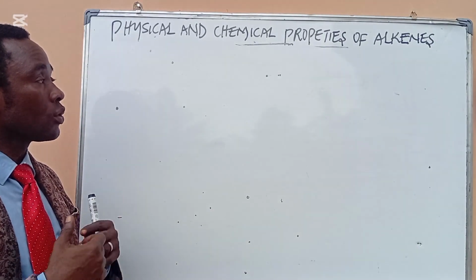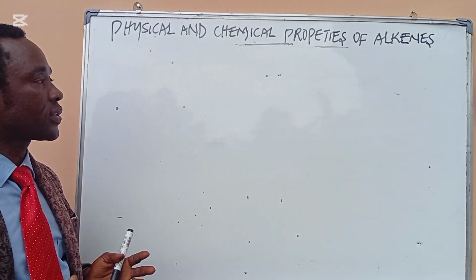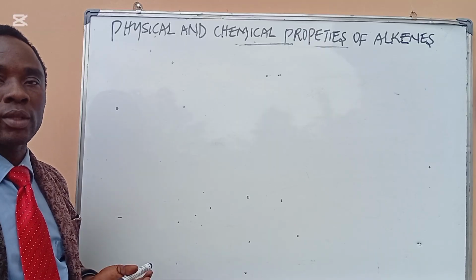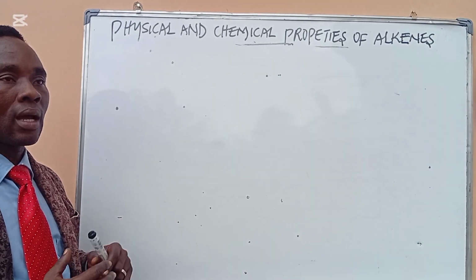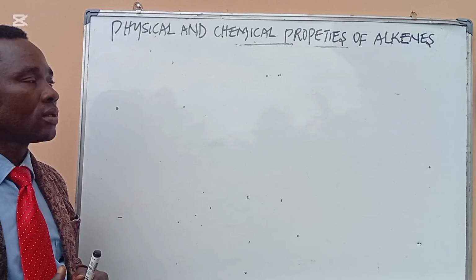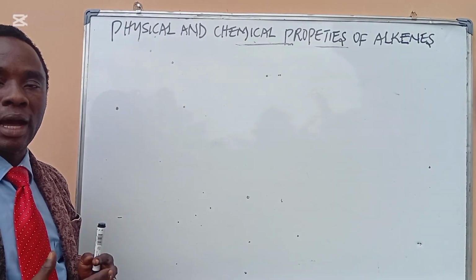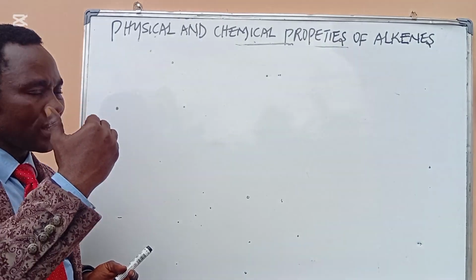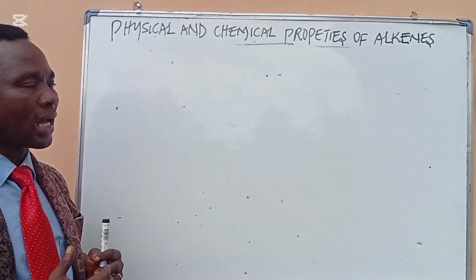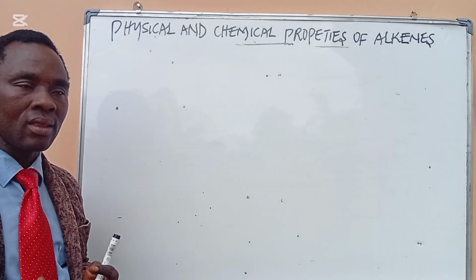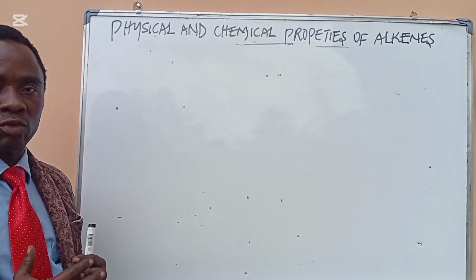You can decompose an ozonide by reacting it with moist silver oxide, silver 1 oxide. You can decompose an ozonide using lithium tetrahydridoaluminate. The reagent you use to decompose an ozonide will determine the final compound that will be formed.